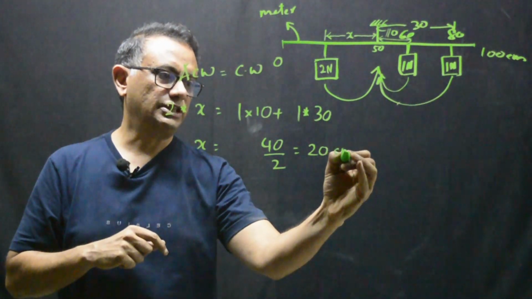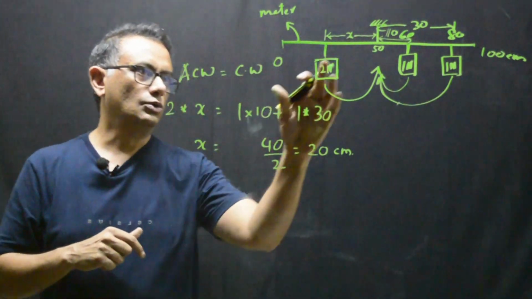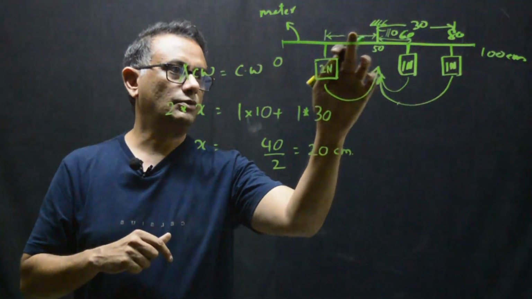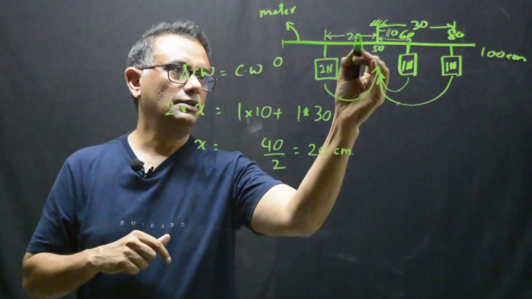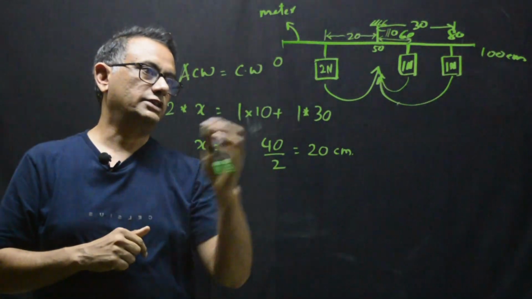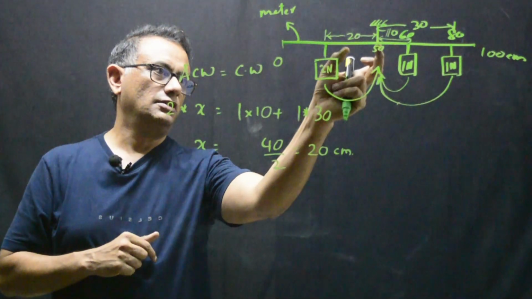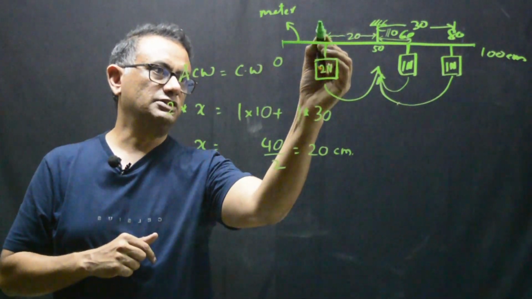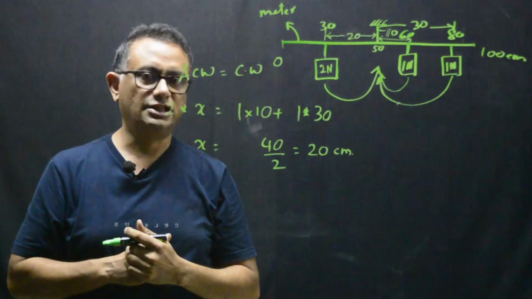centimeters, right? So if this x is equal to 20, at what distance is it to be hung? The overall thing is 50, from this is 20. That means this has to be hung at the 30 centimeter mark.